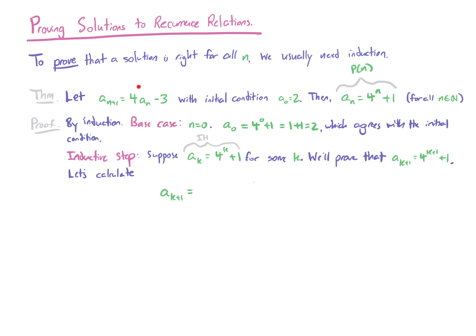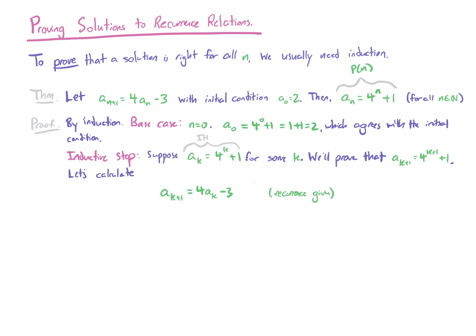So we know that this is true, and so we're going to use that first. This recurrence relation says in order to calculate a sub k plus 1, we need to look at the expression for a sub k, minus 3. So that's the recurrence relation that we were given.